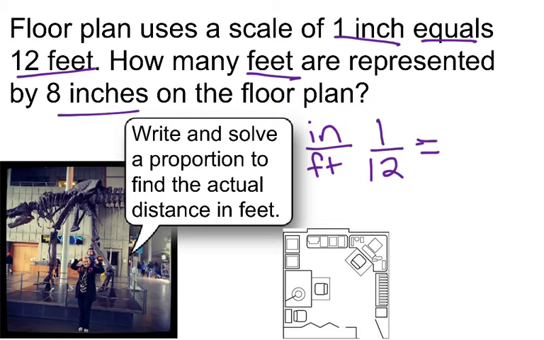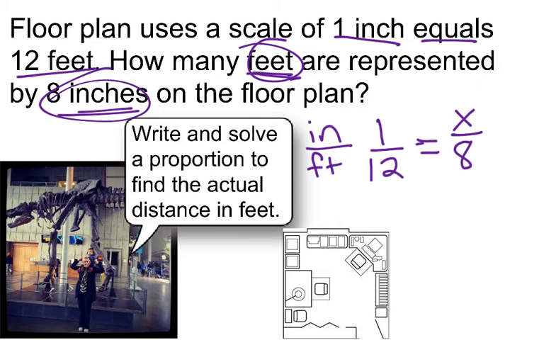I need to know how many feet are represented by 8 inches on the floor plan. A common mistake is students will write x over 8 because they see, oh, feet, inches. So they automatically, of course, don't think about their nouns. They just see, oh, okay, this is my x, this is my 8, and they write it in literal order.